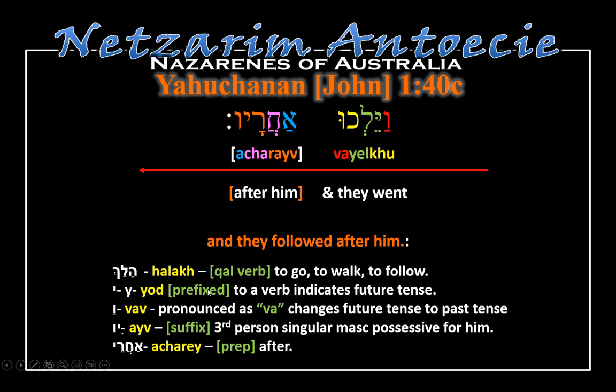They went. It's a completed action. And where we have the ending, which is aiv, it's a suffix, third person singular, masculine possessive for him. So we get that at the end. That vav means after him. And of course I've given you again achare, prep for after.